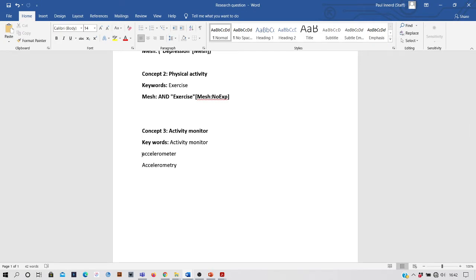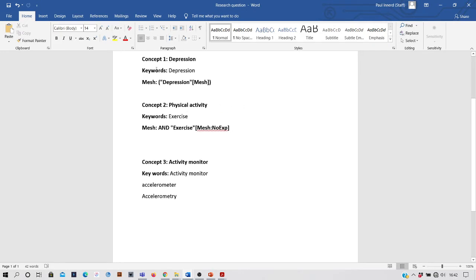You've got an accelerometer in your phone. It's the sensor that detects orientation of the phone. So when you lie on your side and the picture turns, it's the accelerometer that is responsible for that action. It's very good at determining not only the speed of movement but also static posture. So other words like accelerometer or even accelerometry are widely used in the literature. So I've got a few additional key search terms there.